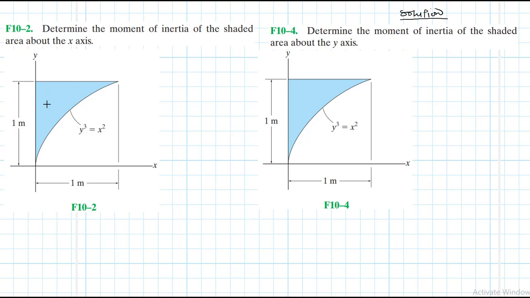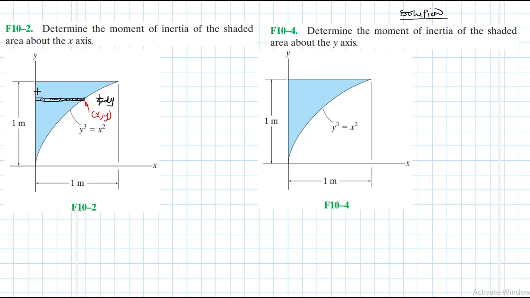So moment of inertia about the x-axis, I'll draw a strip like this. This strip will have thickness dy, and this strip intersects the curve at x, y.